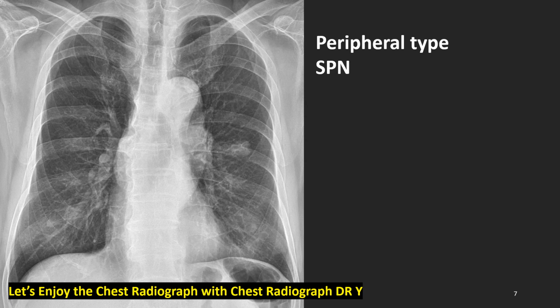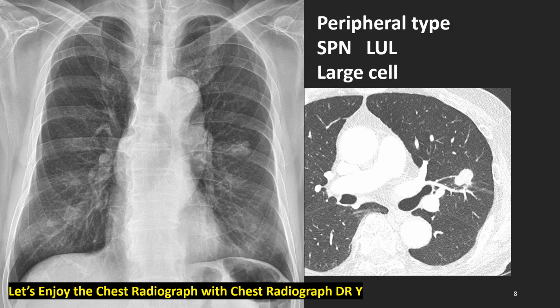But at least the TNM staging is good for him because it is T1, a solitary pulmonary nodule of peripheral type. It is in front of the major fissure, so it's in the upper lobe. Large cell lung cancer manifested as a solitary nodule.